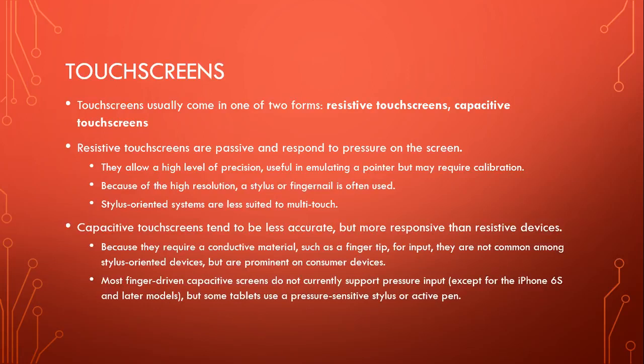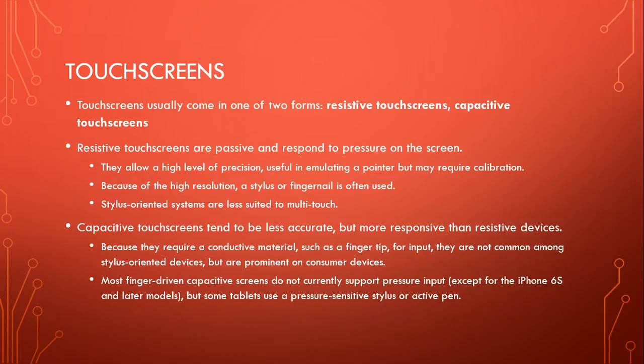Now, capacitive touchscreens tend to be less accurate, but they are more responsive than resistive devices. Just remember, resistive, resistant, an easy way to remember. Now, because capacitive touchscreens require conductive material, such as a fingertip, they're not common among stylus-oriented devices, but are prominent on consumer devices. So, for example, this 2-in-1 device I'm using right now would have a capacitive touchscreen because it has that capability.